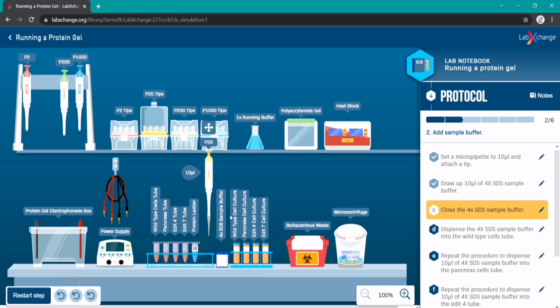Then close the 4x SDS sample buffer. Now dispense the 4x SDS sample buffer into the wild-type cells tube.